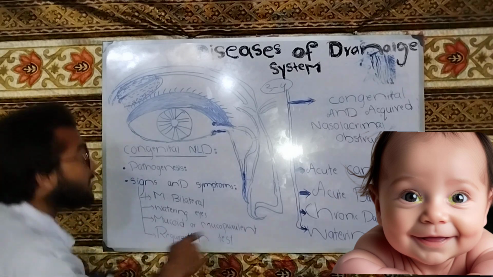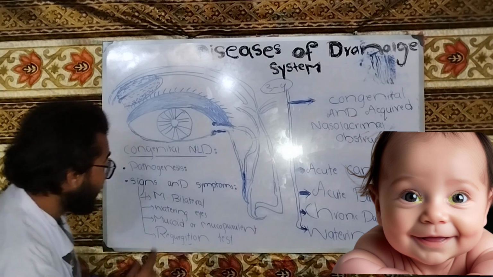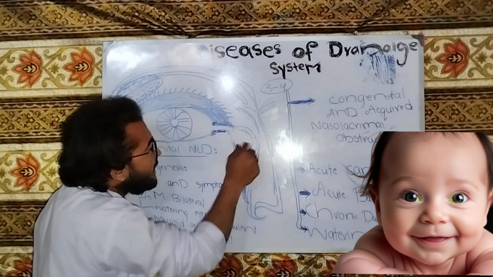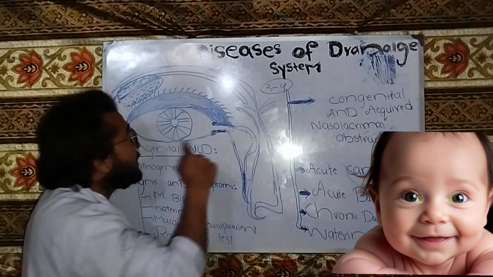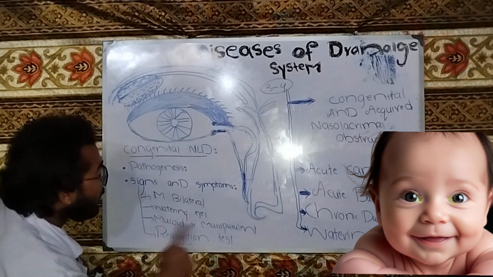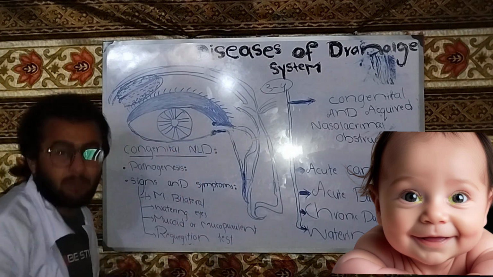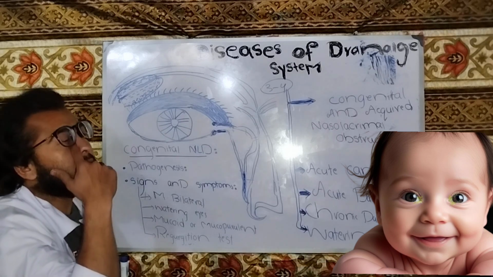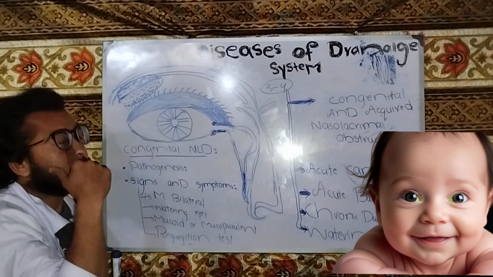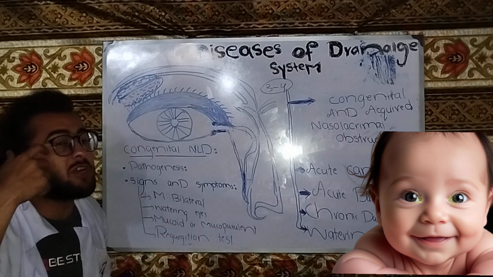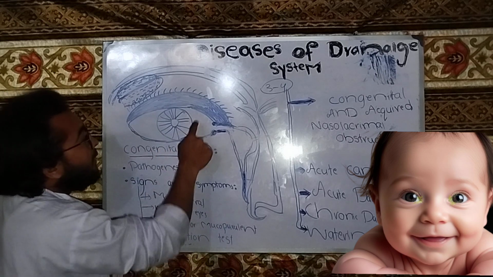And if we perform the regurgitation test, if we press like this on the nasolacrimal sac, this mucopurulent or mucoid discharge can come out. This is called the regurgitation test. By pressing the nasolacrimal sac, the pus and the mucoid or mucopurulent discharge will come out from the lacrimal puncta.